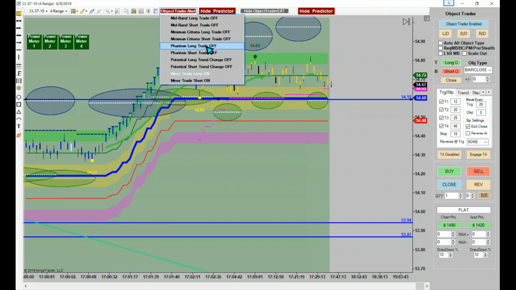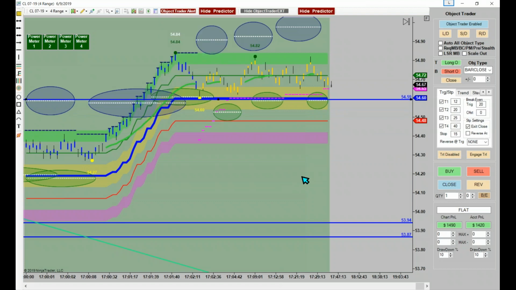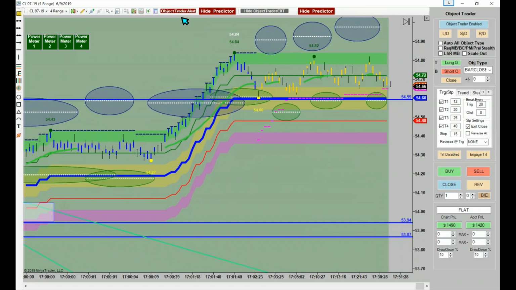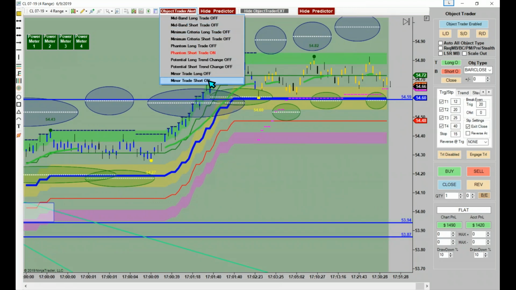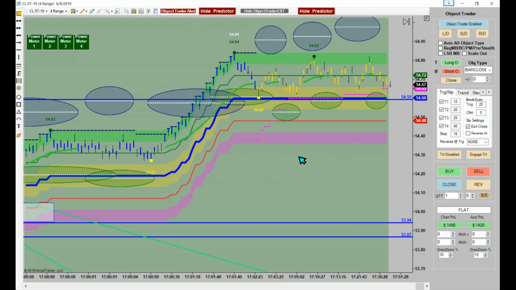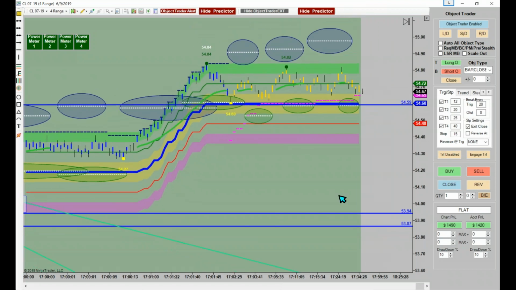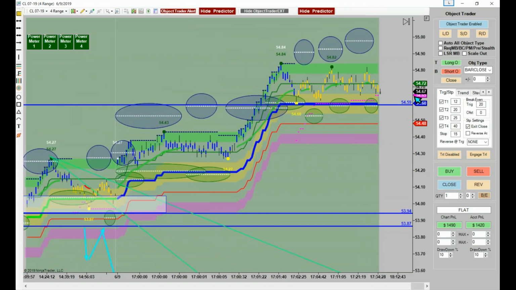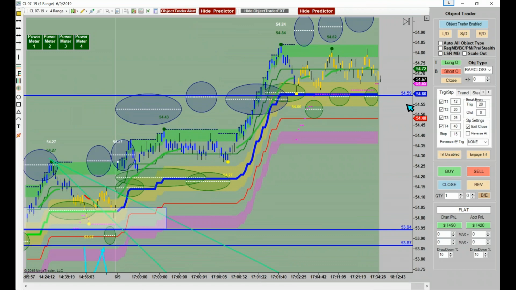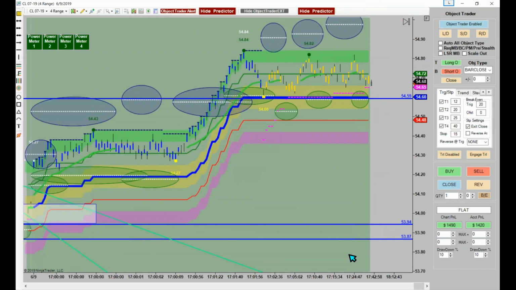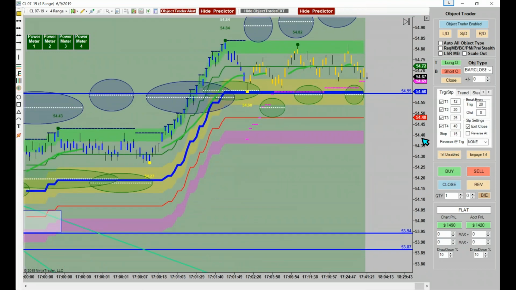And let's do potential short. I'm going to turn off all the others so the rest of them are off. Okay, there's nothing flashing right now. But I want to show you, if you draw your lines on your charts, how we actually engineered this little alert indicator, because it's pretty cool.